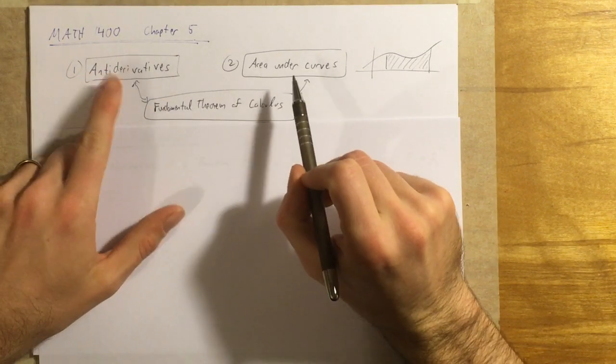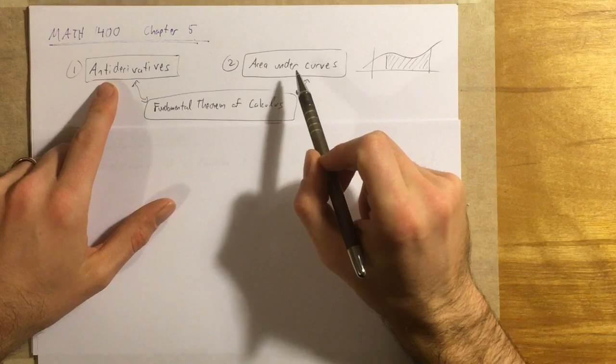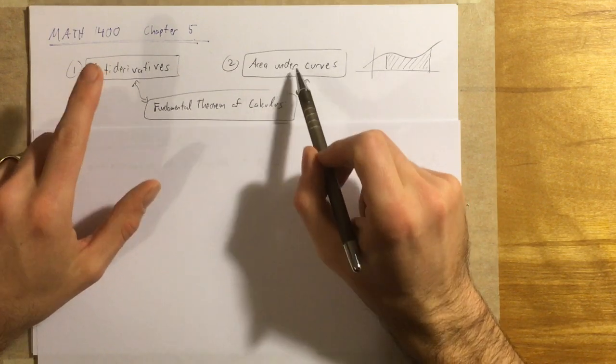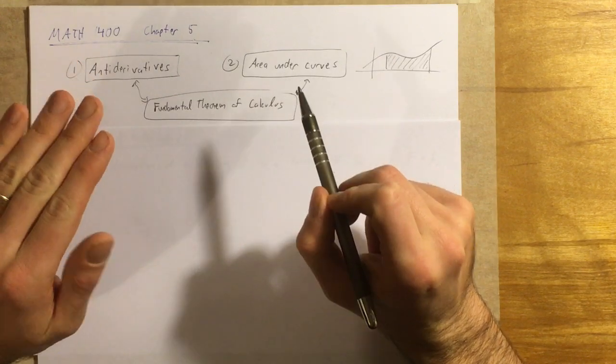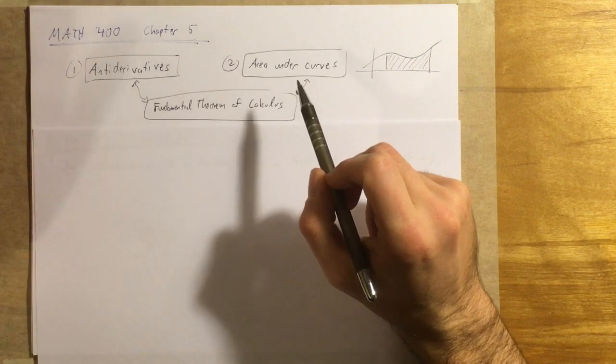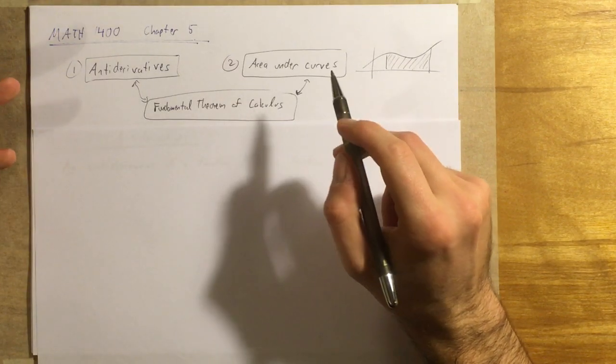An antiderivative basically is just the opposite of a derivative. When we introduce that and the area under a curve, these two concepts will seem completely unrelated to each other. On the surface, they are. They don't really relate to each other initially.